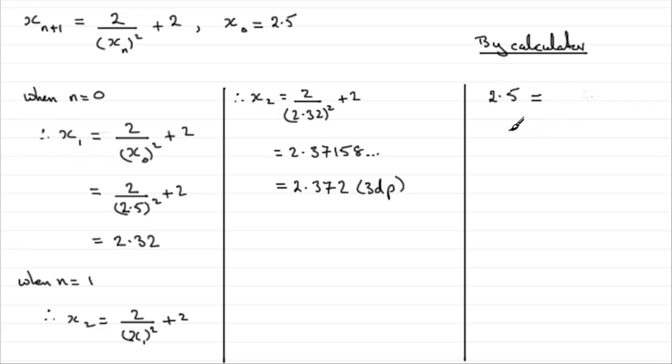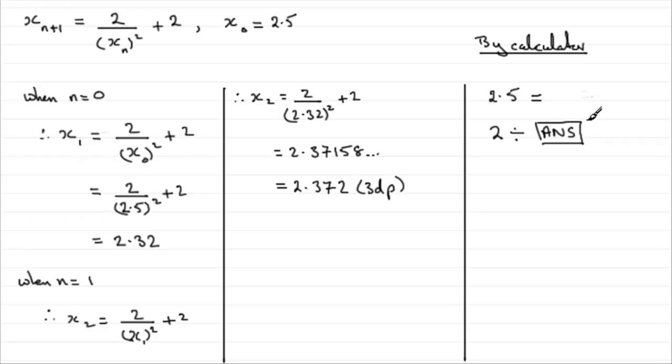Now what I want you to do next is just type in this iterative formula here as 2 divided by, now this value here is essentially going to be 2.5 first of all, but we've called this the answer, ANS. So if you press the answer button on your calculator at that point, you should see on your screen you've just got 2 divided by ans.